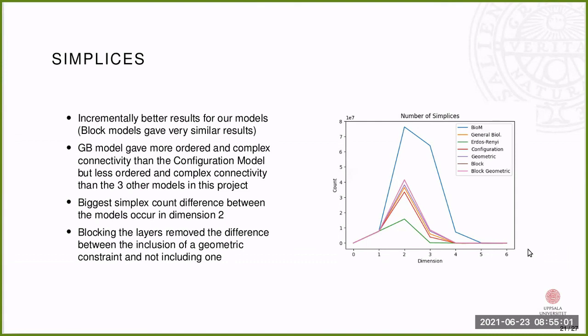Since it's occurring in the block models, I guess there is some biological feature to this. I don't know, that's just a generic question, I don't expect your answer, just a comment.